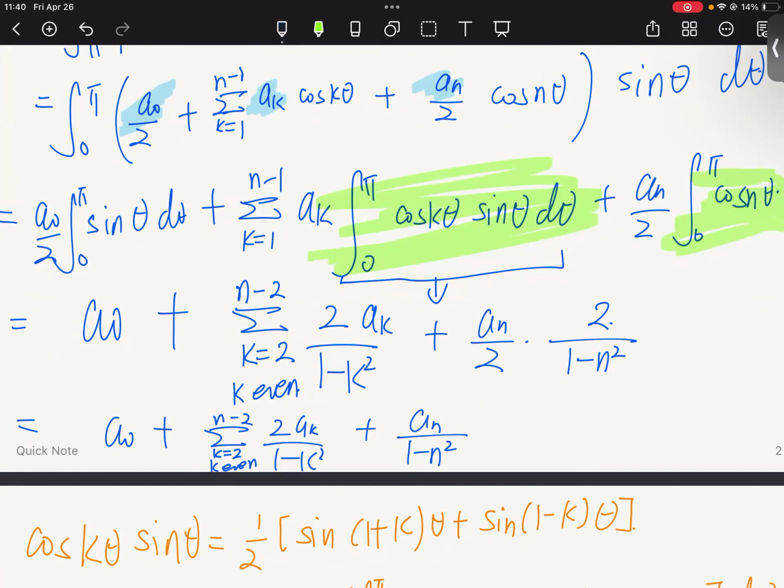And this is the thing we call the Clenshaw-Curtis quadratures.